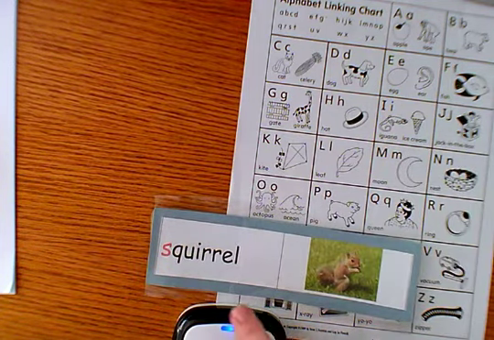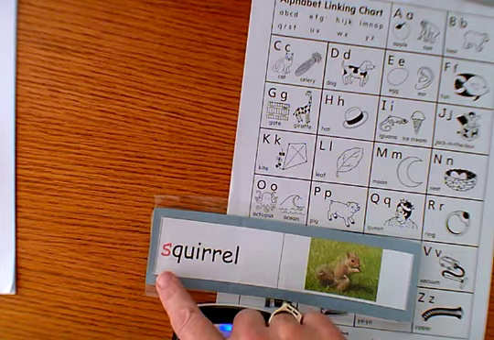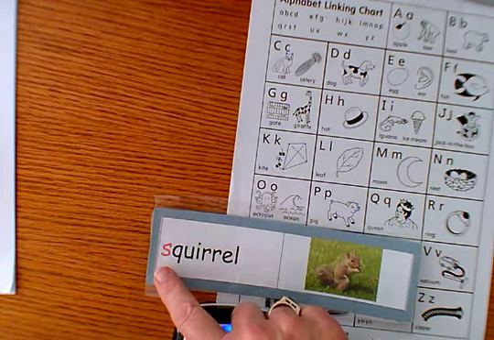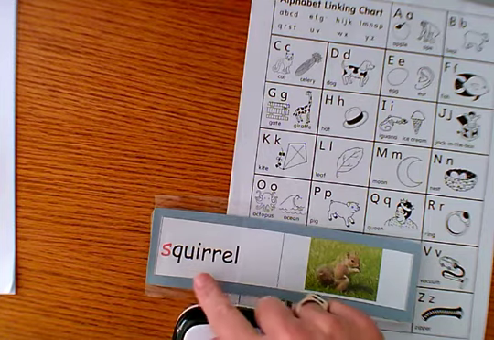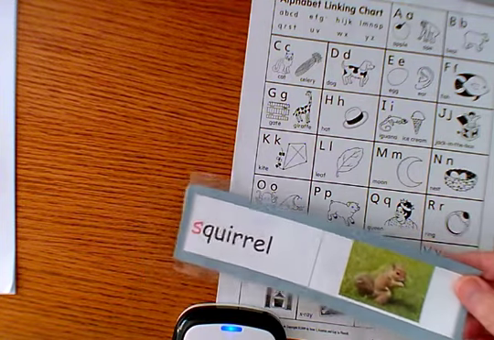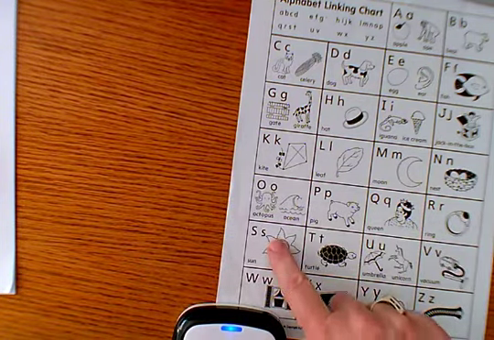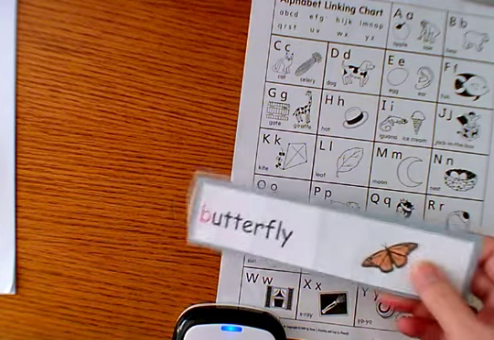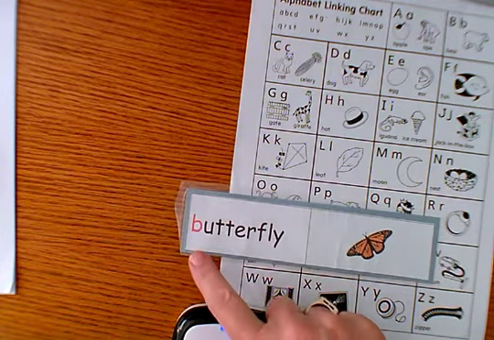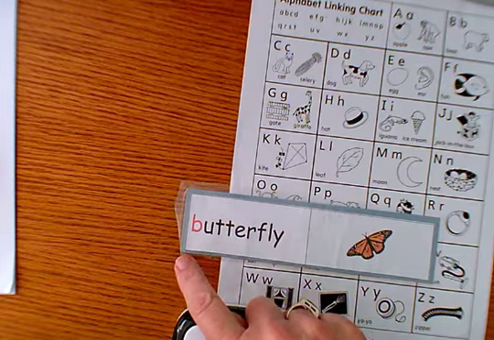This is a squirrel. Big S, little s. What begins with S? Squirrel. Squirrel begins with S. S. You know what this is. Big, little.